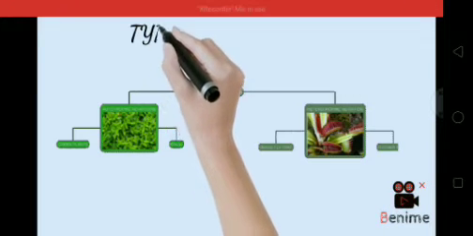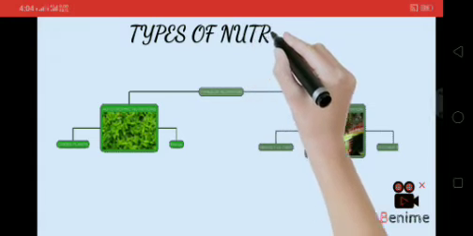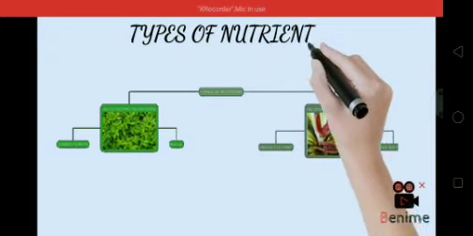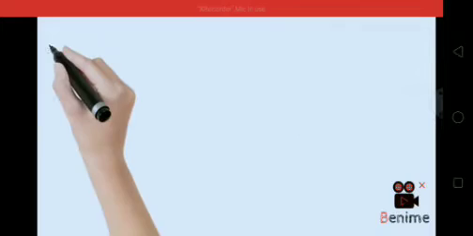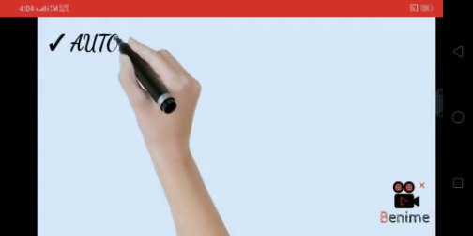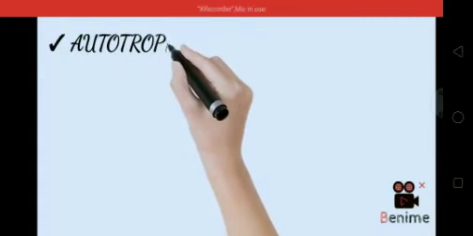We also have examples for heterotrophic nutrition, for example, pitcher plant and Venus flytrap. So these are the types and modes in which we take nutrition in the body of a plant.